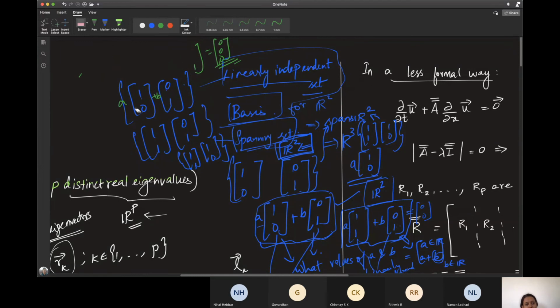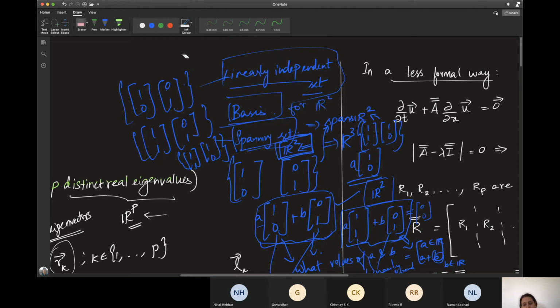So this is the smallest set. For R2, having just two vectors that are linearly independent is the only possibility. To those two vectors, if you add some other vector, 1 1 of course with 0 1 formed a linearly independent set. However, if you added 1 1 to this set, it became linearly dependent.